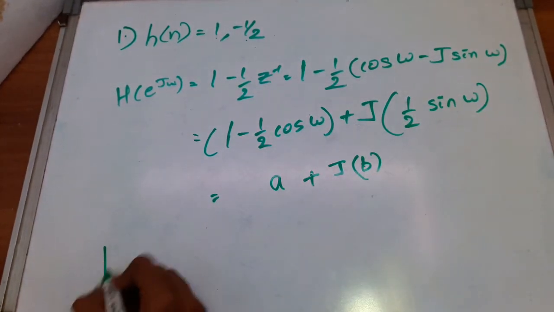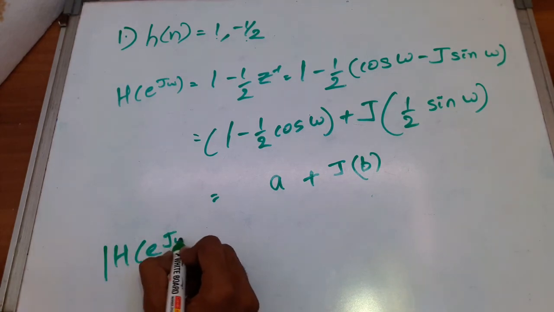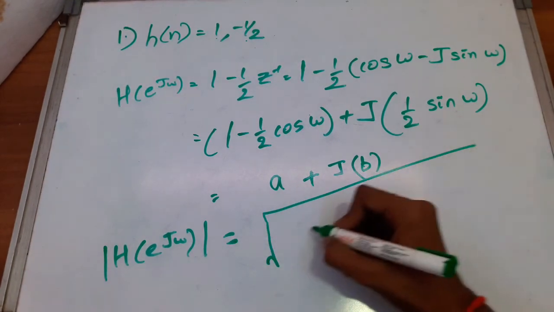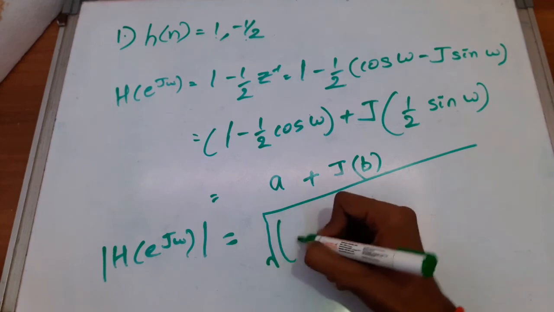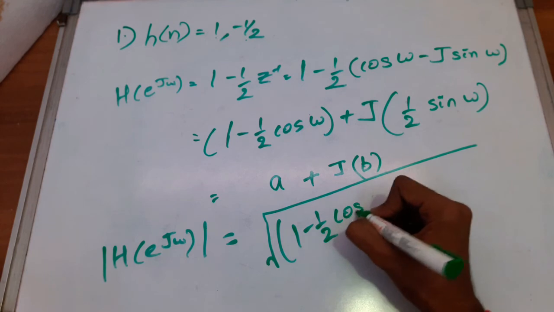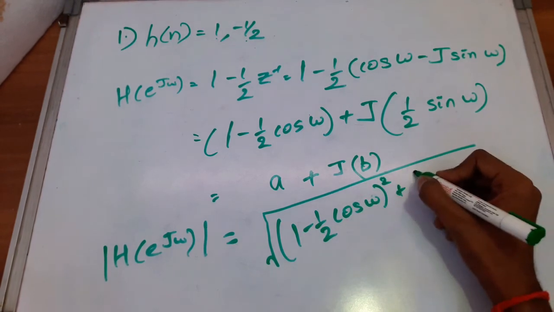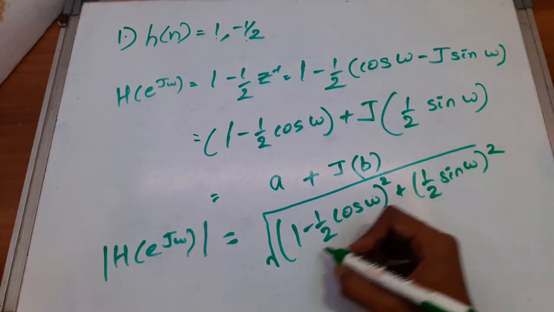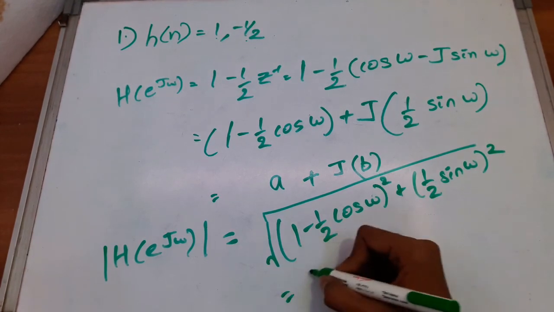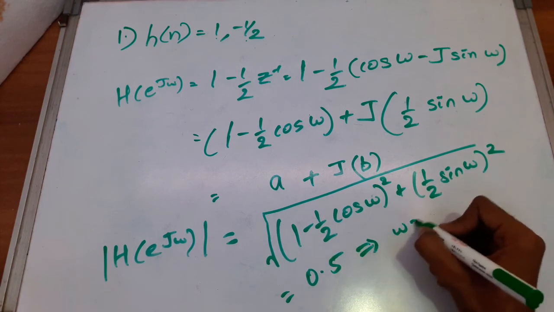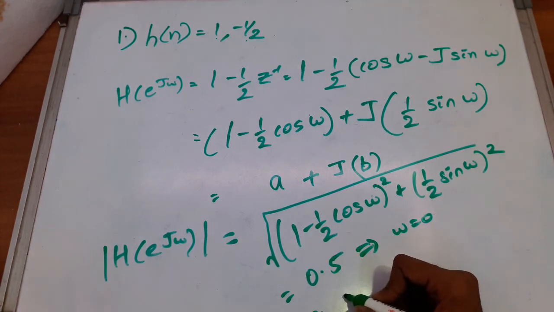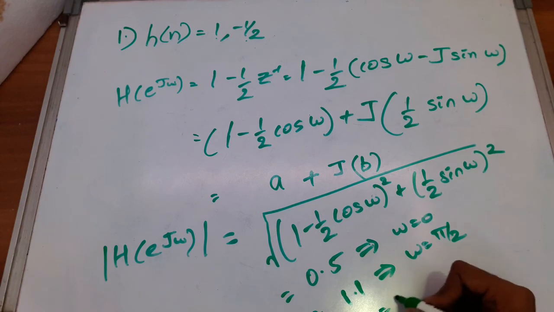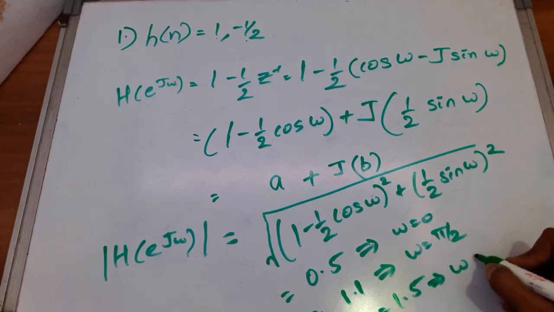So now the magnitude response we get as 0.5 for omega equals 0, 1.1 for omega equals pi by 2, and 1.5 for omega equals pi.